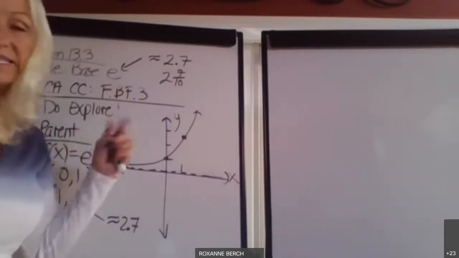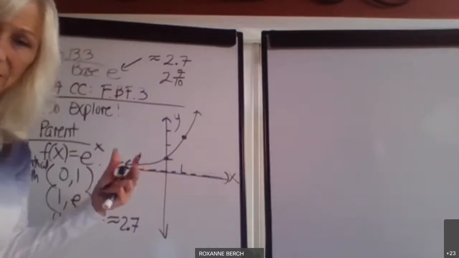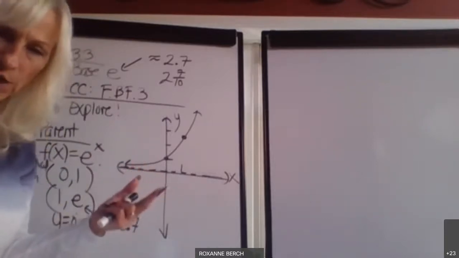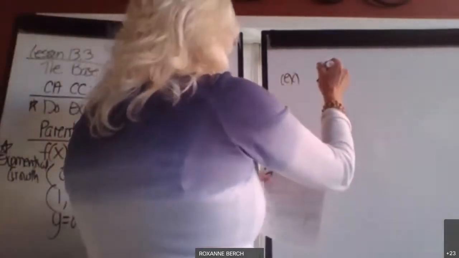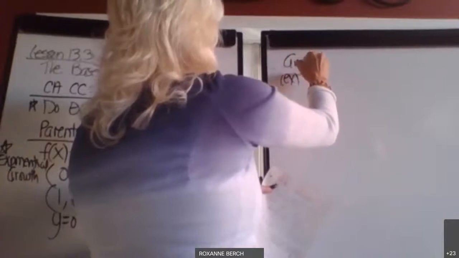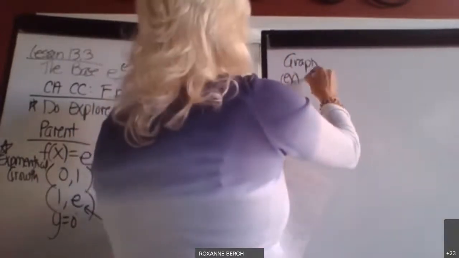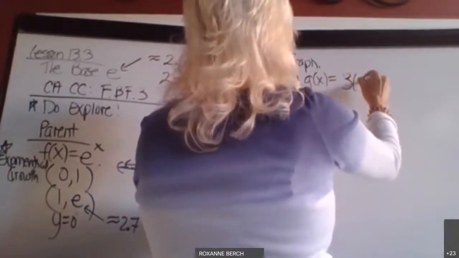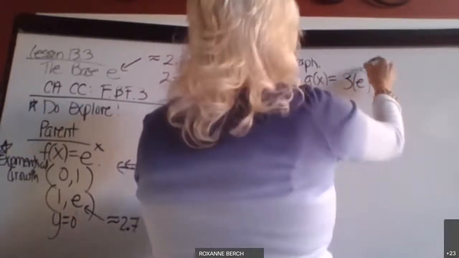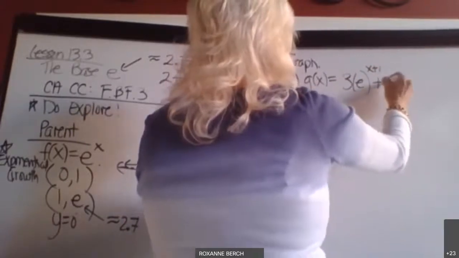And since E is a decimal, feel free to use the calculator. So transformation. For example, let's say they want us to graph g of x is equal to 3 times the parent e to the x plus 1, plus 4.